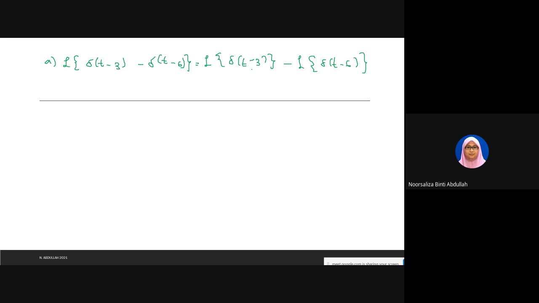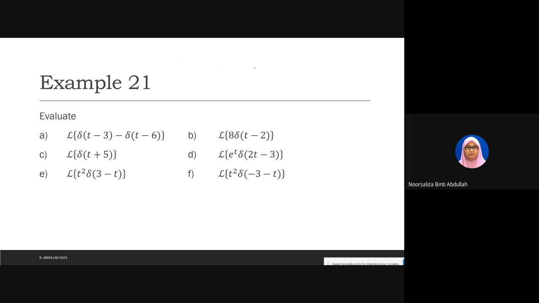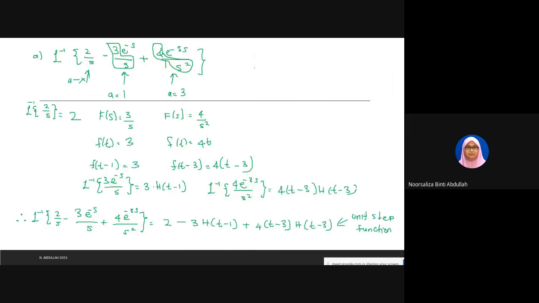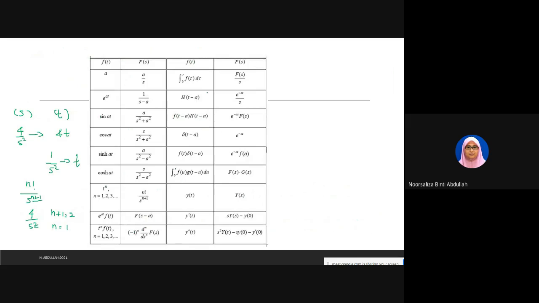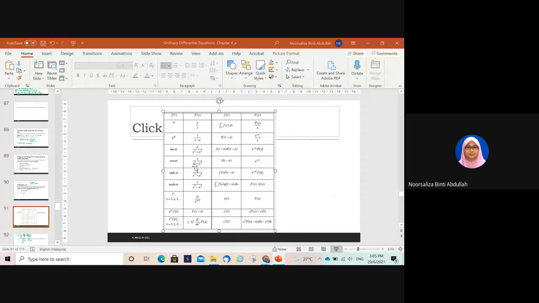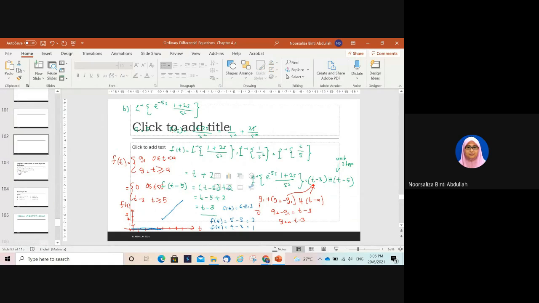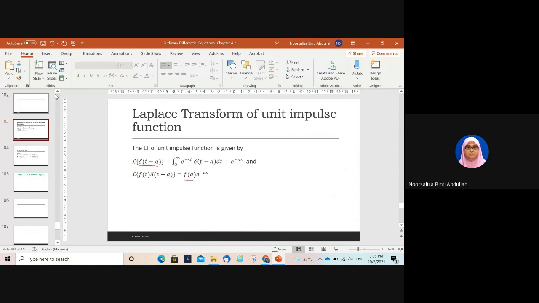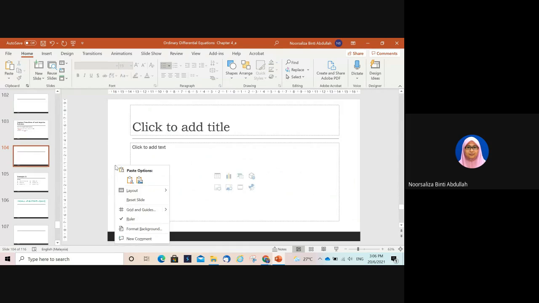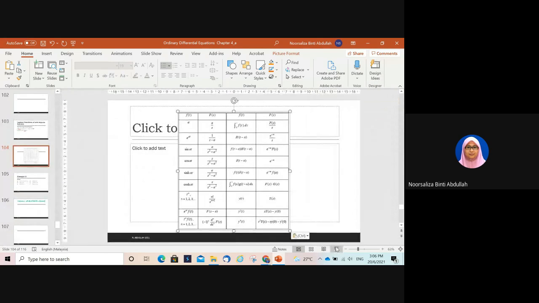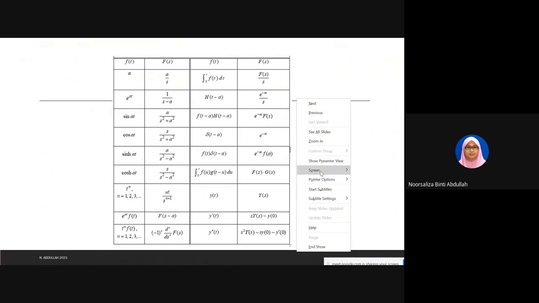So delta T minus 3. Okay, you can refer to this table.